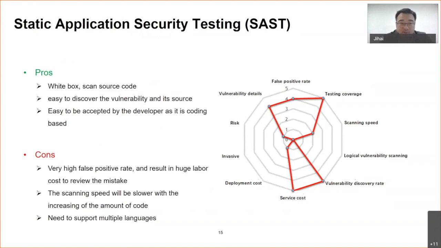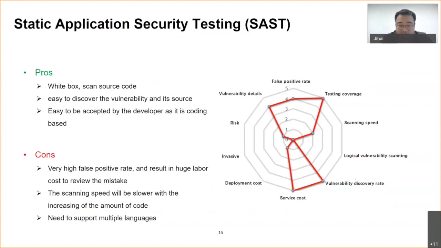It can show you the vulnerabilities in more detail, even which line of your code has them. And because it works at the coding level, it is easily accepted by developers.